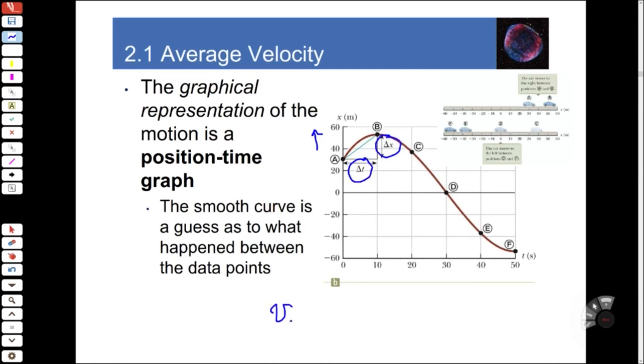So the average velocity v is equal to delta x over delta t. If you think of x and y, this is the slope of these two points. So the average velocity is the slope of these two points here in the graphical representation.